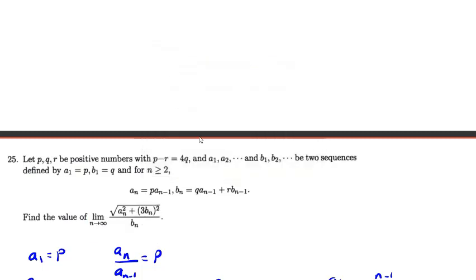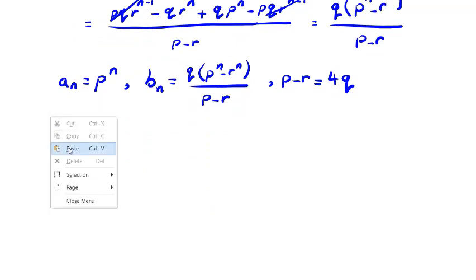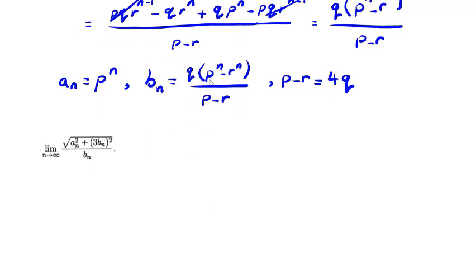So now let's focus on finding the limit here. Okay, because here we can say p minus r is 4q, we can replace here, so we can say b_n equals p^n minus r^n, q is 4q, so it will be 4. Now, in this case, because b_n is positive, we can prove easily because p is greater than r.